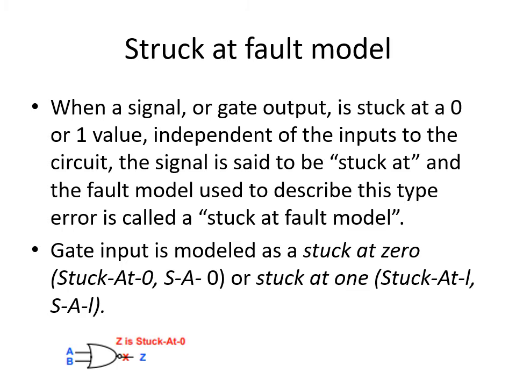In an OR gate, you know that when any one of the inputs is 1, the output is 1. But here the output line is stuck at 0. That means it is connected to ground. So irrespective of any inputs applied, the output will always be equal to 0. This is called stuck-at 0.